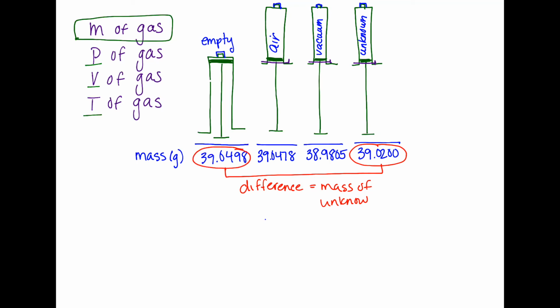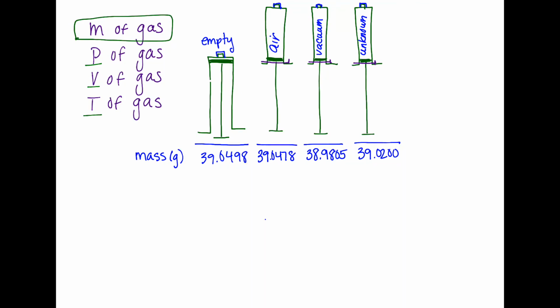The difference would be the mass of the unknown. But that's not true because they don't have the same volume. This one has a lower volume, and this one has a higher volume. So they're affected by buoyancy differently. And that means that the difference between them is not the mass of the unknown.